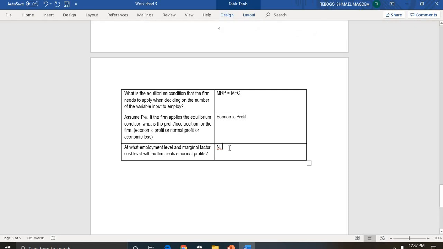Employment level will be NB, and the marginal factor cost level will be MFC2, right? So this is point B.